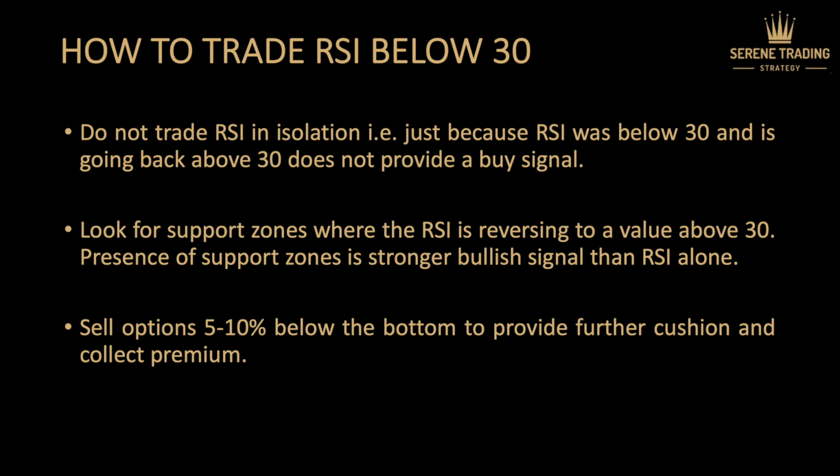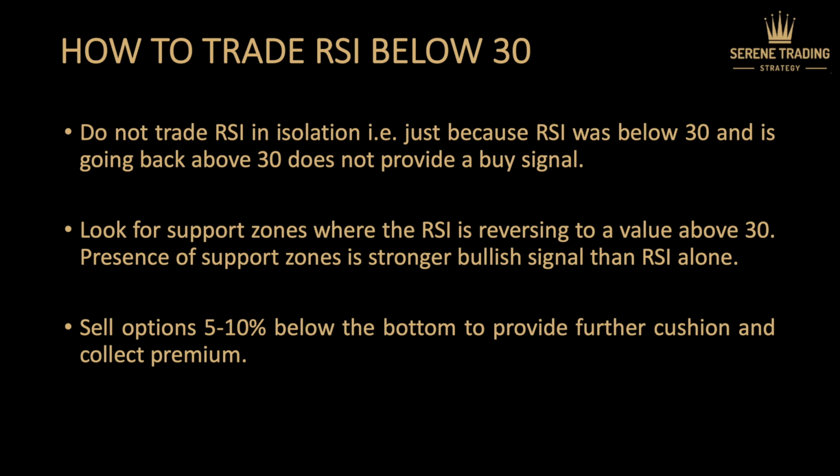And the third thing was that in order to create further cushion, you can sell the put options which are 5 to 10% below the bottom which has just been created where the RSI reversal happened. So in case the price falls further, you still have a 5 to 10% protection, and the option premium itself will create another level of cushion.